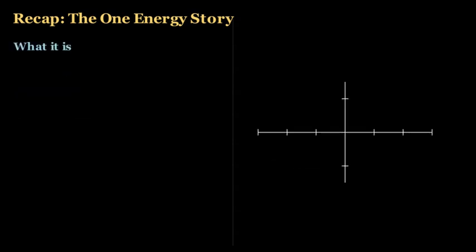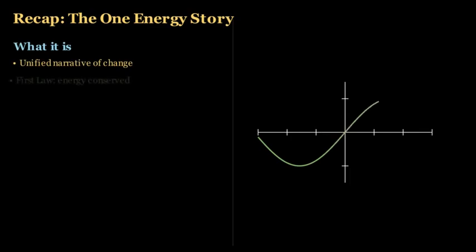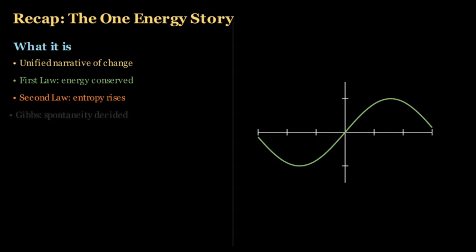The one energy story is the unified narrative that connects every piece we've learned into a single, inevitable logic for all change. It says, the total energy of the universe never changes, that's the first law. But that energy always spreads out and becomes less useful, increasing entropy, as the second law demands.